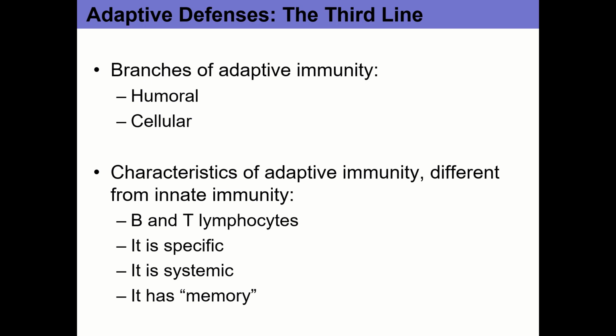Cellular immunity is carried out by the T cells, or the T lymphocytes. In cellular immunity, the T cells, more specifically the cytotoxic T cells, are going to directly attack either a virus-infected cell that's one of our own, or the invading pathogen. So, things about it that are different from innate immunity. It is specific. The T cells have to see a particular antigen that they recognize in order to attack it.